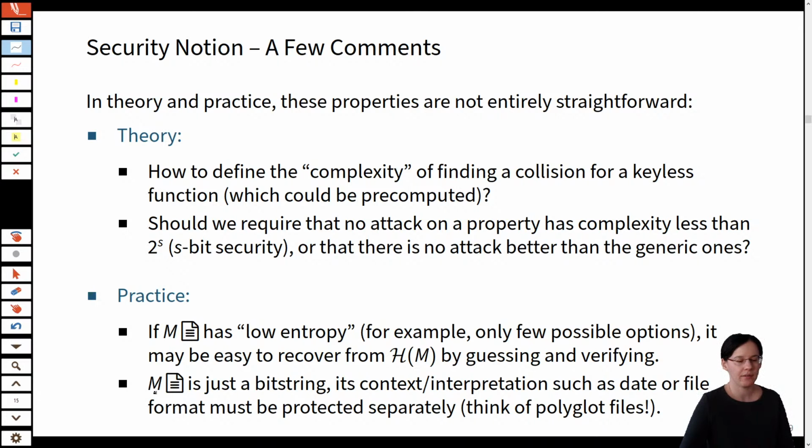Another issue is that whatever the hash function hashes and authenticates is only a bit string without the specific context or interpretation of this bit string. For example, if I sign a particular version of code, and at a later point I want to replace it with a newer version, the hash of the old one and the signature of the old one is of course still valid, even though I definitely don't want to consider it valid anymore because I want to have it replaced with a newer version.